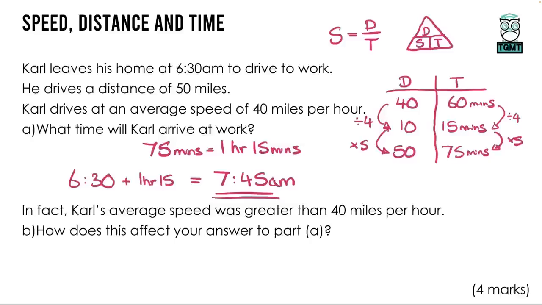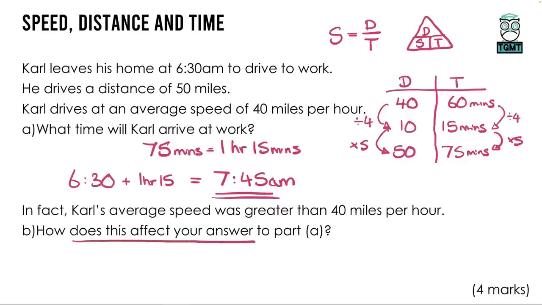It says here, in fact, Carl's average speed was greater than 40 miles an hour. How does this affect your answer to part A? Well, if he was going faster than 40 miles an hour, it means he's going to get there faster. If he goes at a higher speed, then my answer, the time, will be reduced. So I would write something along the lines of my answer changing, because it does say, how does this affect your answer?